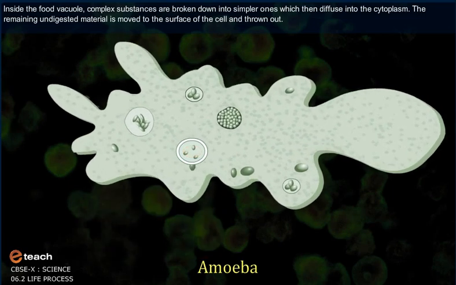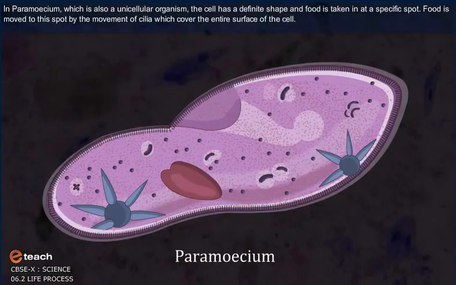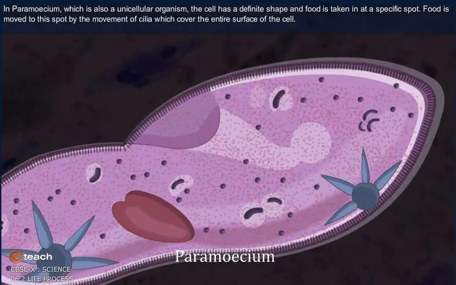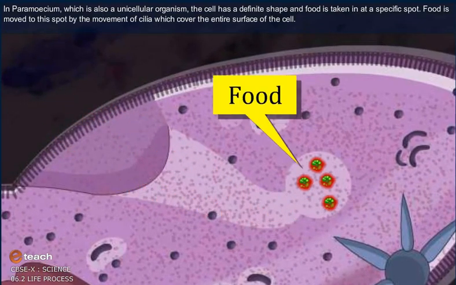The remaining undigested material is moved to the surface of the cell and thrown out. In Paramecium, which is also a unicellular organism, the cell has a definite shape and food is taken in at a specific spot. Food is moved to this spot by the movement of cilia, which cover the entire surface of the cell.